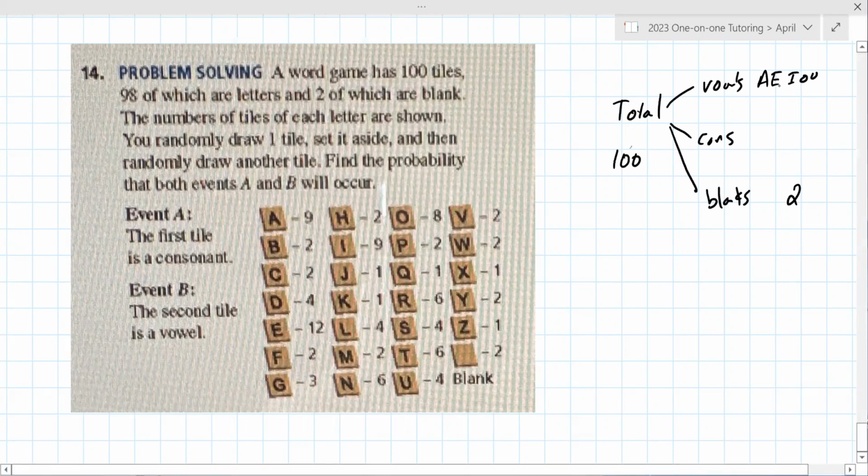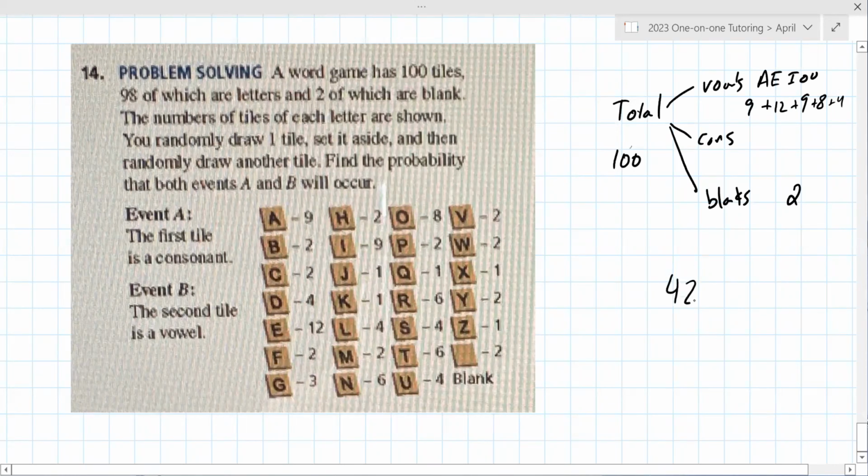Yeah. Good. All right, so the vowels A, E, I, O, and U, we got 9 plus 12 plus 9 for I, O is 8, U is 4, and there's no sometimes Y. I believe it's just the typical consonants here. So that's 9 plus 9 is 18, plus 12 is 30, 38, 42.